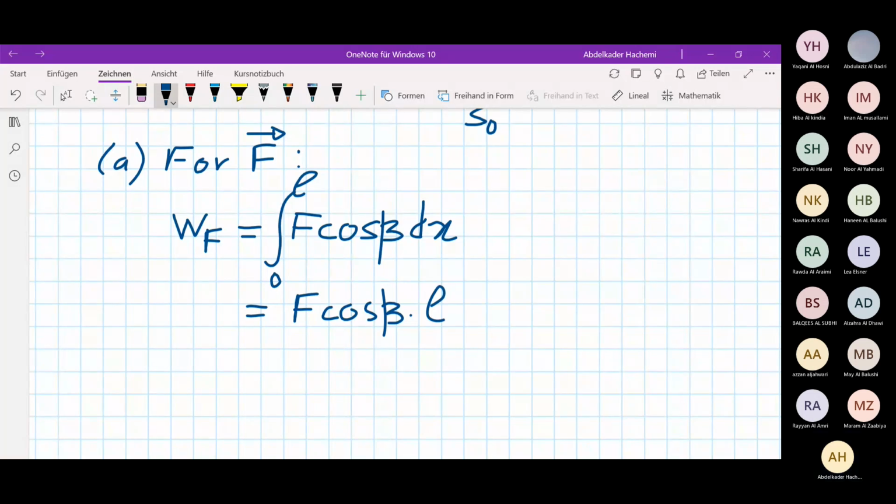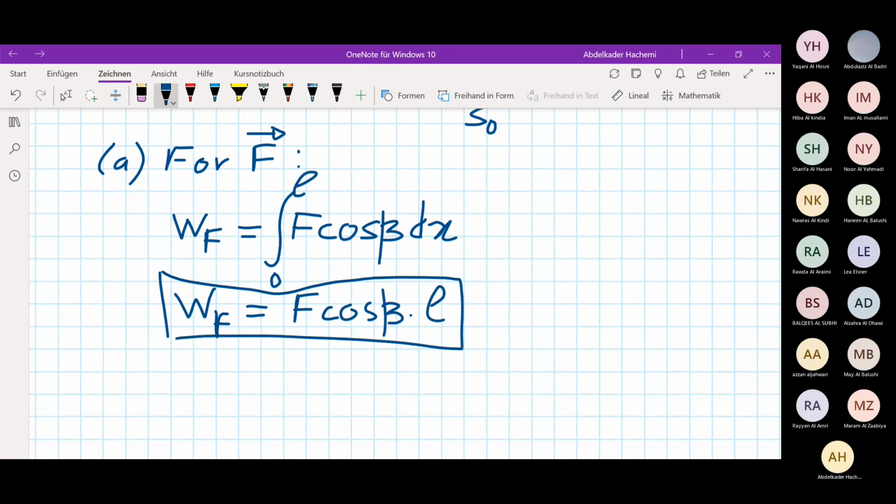This is W_F, where we have F, it's given here by this equation.